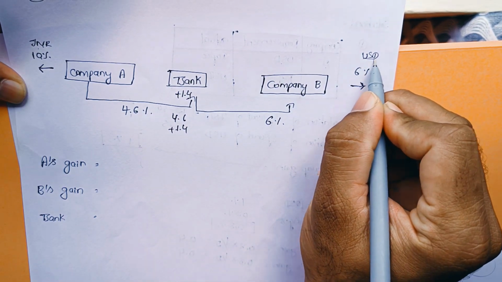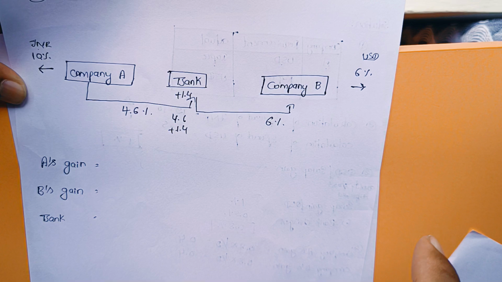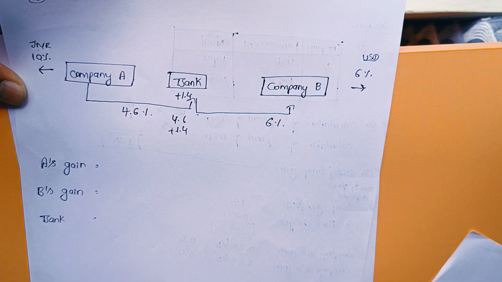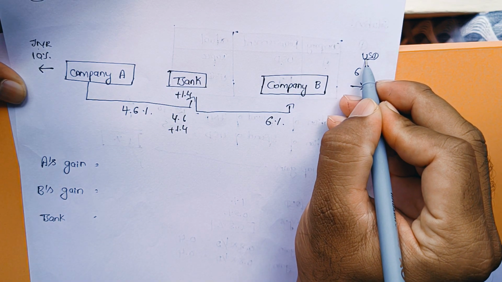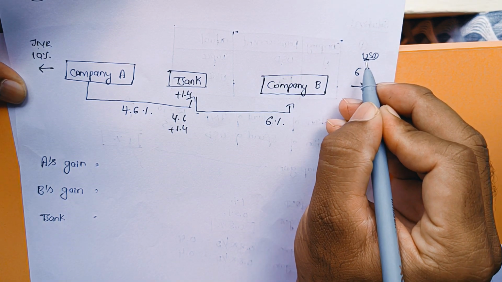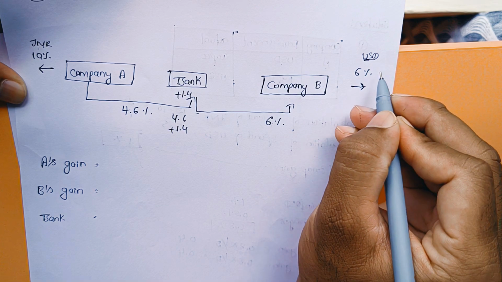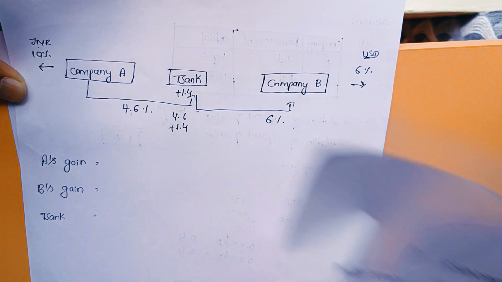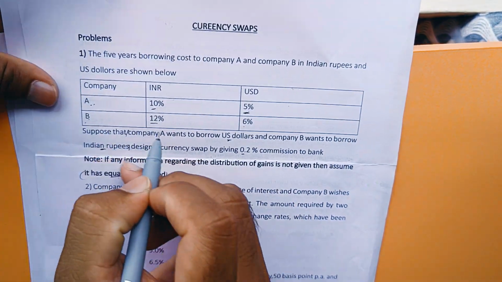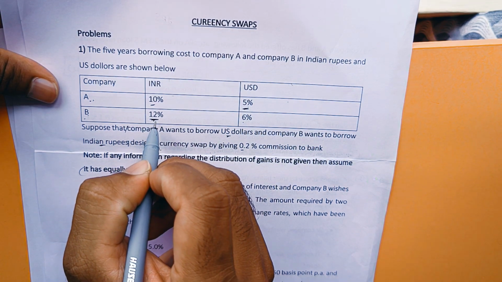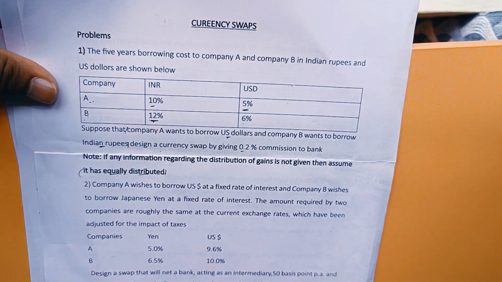Done. It's clear. Now this is nothing but USD. Company B is paying USD at 6%, but company B wants Indian rupee. If company B wants Indian rupee at 12%, it has to pay the bank because it has to do the swap.